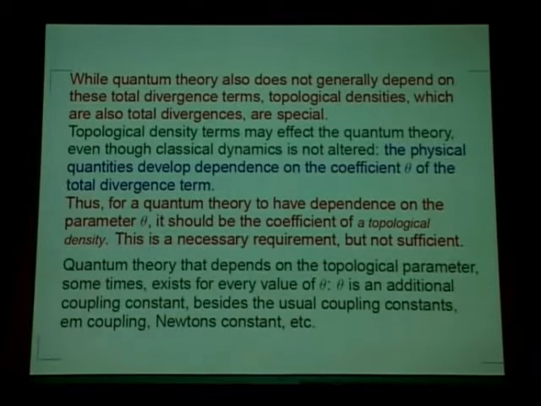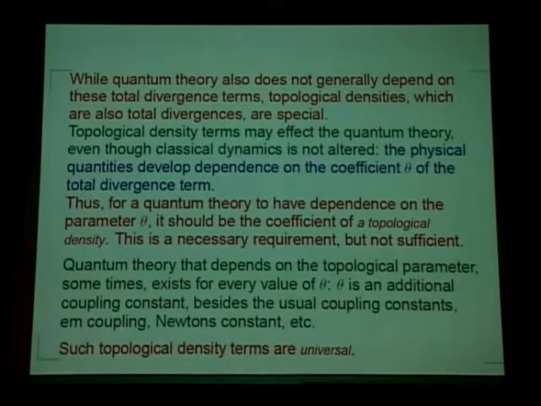Parameter theta is like the constants of electromagnetism and gravitation, except that, of course, the coupling constant in electromagnetism and the Newton constant exist both in classical and quantum theory, but such topological operators are coupling constants only in the quantum theory, because in classical theory they are irrelevant.